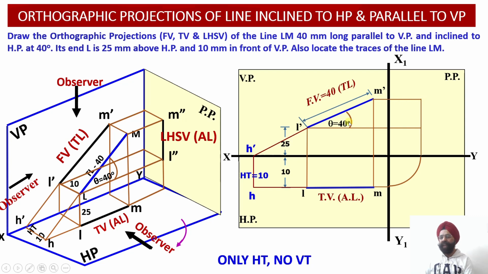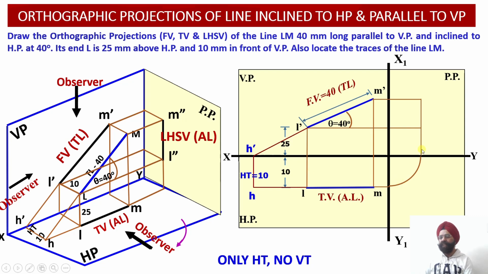Wherever this vertical projector intersects the horizontal locus line drawn through the point L dash, we obtain the point L double dash in the side view.